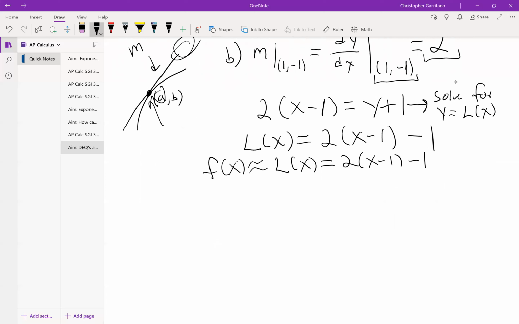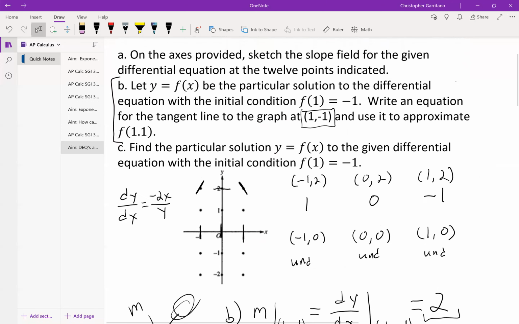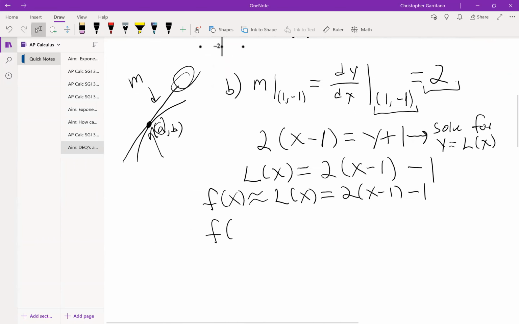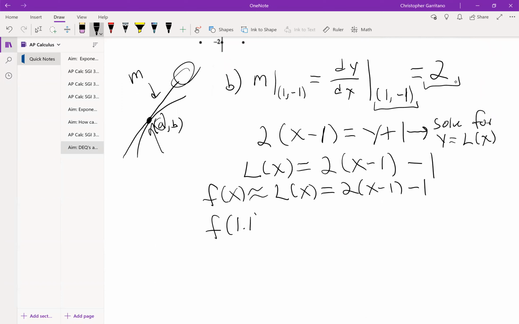So now the goal of the problem, scrolling back up, is to use this to approximate f of 1.1. f of 1.1 is going to be approximately equal to L of 1.1.